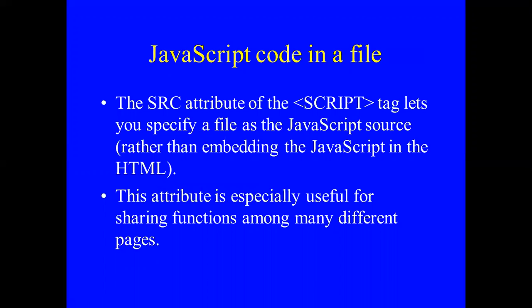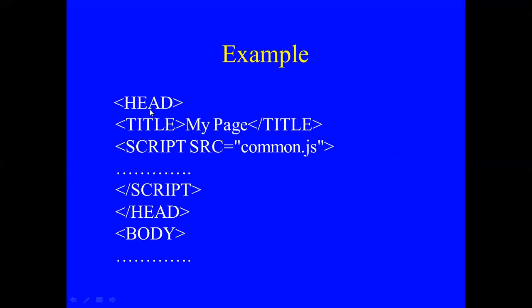Here we can add the JavaScript code from a file by using the src attribute of the script tag. Here we can see the example. See head, then title, the title of the page. Here see the script tag. In the script tag, by using the src attribute, src equals common.js. This is the JavaScript file we have added into this document.